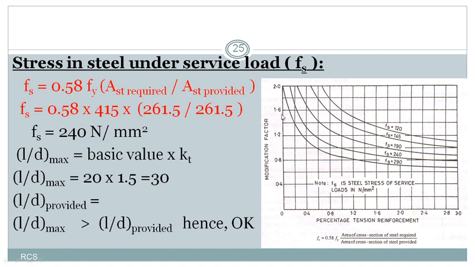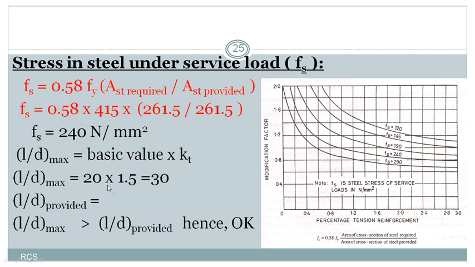The value corresponding to this on the y-axis is 1.5. So the modification factor corresponding to 0.25% of steel and Fs equal to 240 is 1.5. Now calculate L by D maximum, which is the basic value multiplied by KT. For a simply supported slab, the basic value is 20, and KT is the modification factor in tension, that is 1.5.